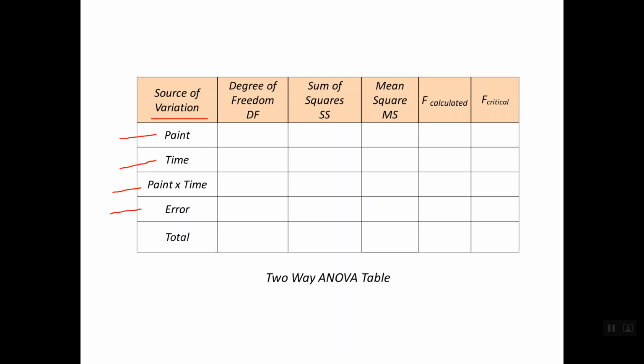And we have the error. We will calculate the degrees of freedom and the sum of squares SS and the mean square MS. And finally, we can calculate the value of F, and we will determine the critical value of F and compare these two values in order to make a conclusion. So this is the contents of the two-way ANOVA table.